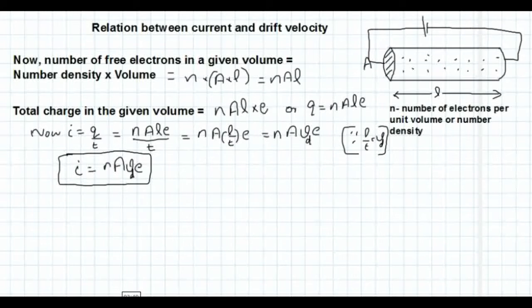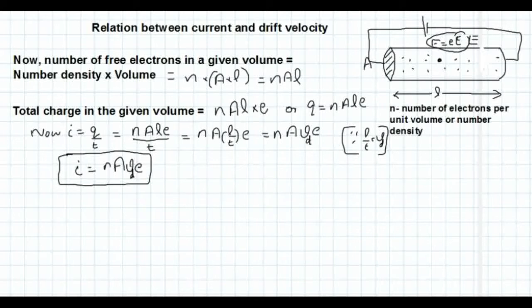Now suppose when this conductor is connected to a cell, that means when electric field is not zero, these electrons will start to move, and whenever a charge Q is placed in electric field E, there is a force F equal to QE acting. Here the charge is electron, therefore F is equal to eE. So when an electron e is placed in an electric field E, the force acting on this electron will be F is equal to eE.